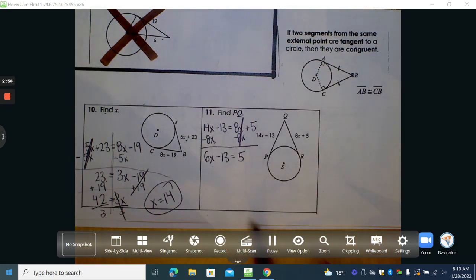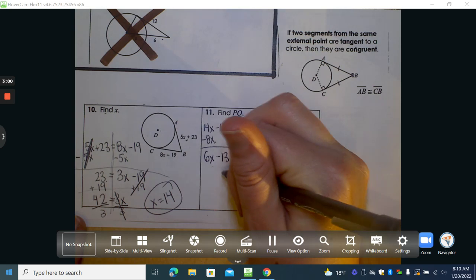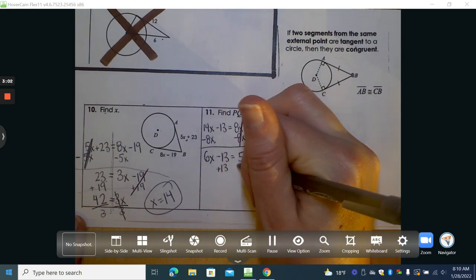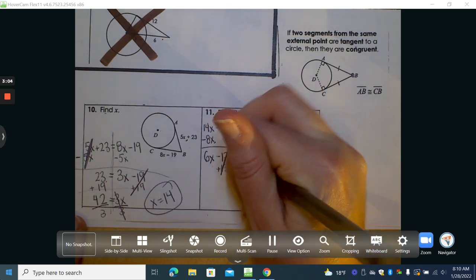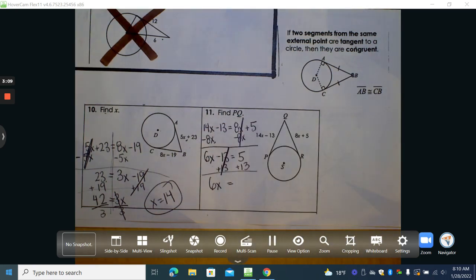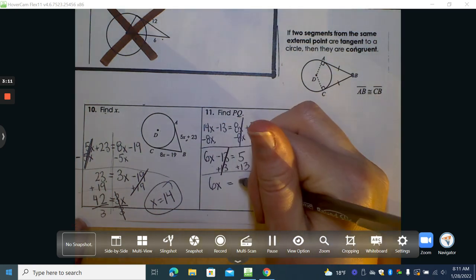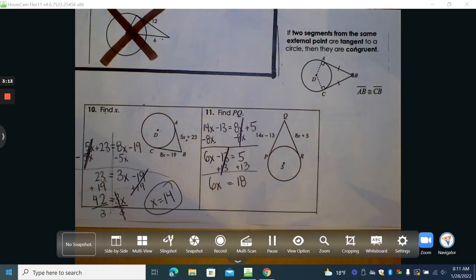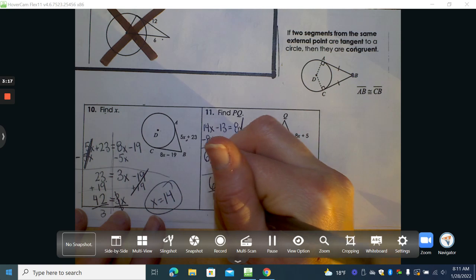And again, I'm in this situation where it's two steps to get the x by itself. I first want to do the opposite of minus 13, which is plus 13. That way I'm just left with 6x on the left side. 5 plus 13 equals 18.